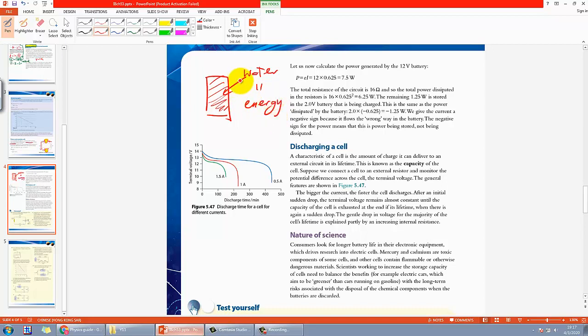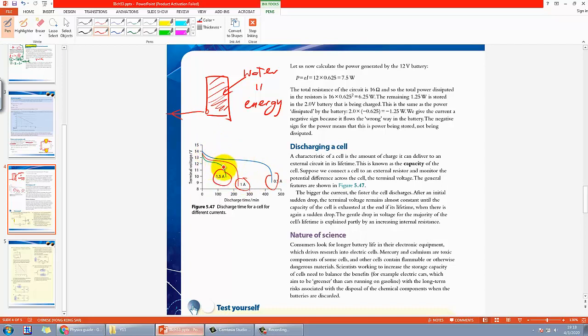So energy is like the water. If you poke a hole here, then it will leak, and over time all the water will be out, just like all the energy will be gone from the battery. And depending on how big your hole is, you have different flow rates, which means the current is different.